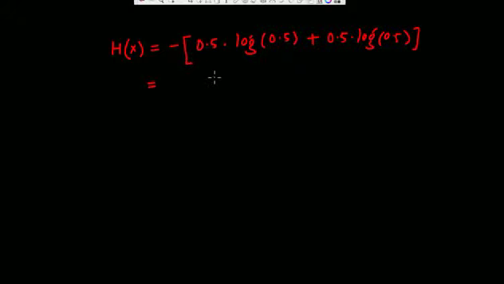Now this is going to be how much? So 0.5, and then log of 0.5 is -1 and -1. So we get half plus half, and then -1 becomes plus here, because minus times minus is plus, and what is left is 0.5 and 0.5. 0.5 times 1, 0.5 times 1, and minus is outside.